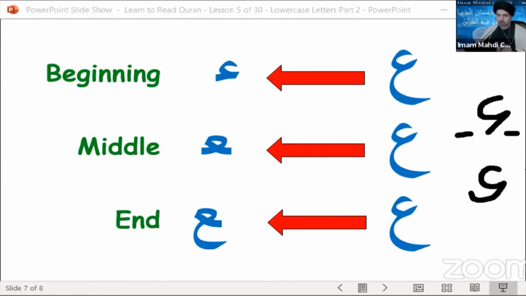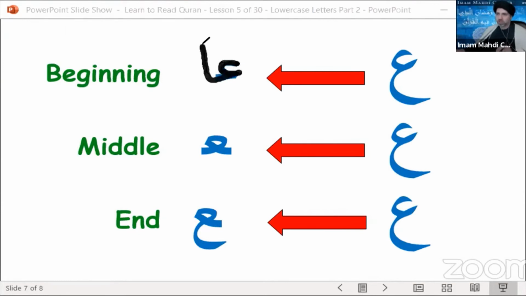It never connects to another letter. So when we see this form, we know that this is ayn when it's connected to another letter after it. Hamza will not connect to another letter. So this is the lowercase form of the ayn. It's the top part without the tail portion.